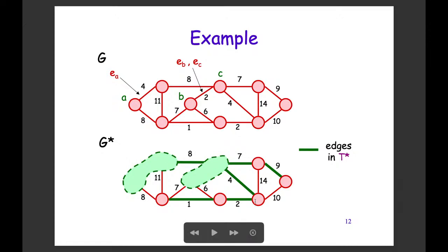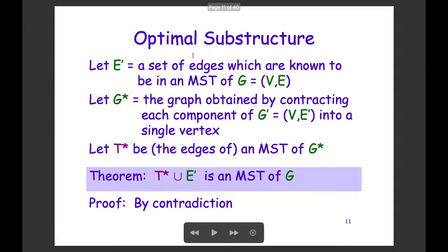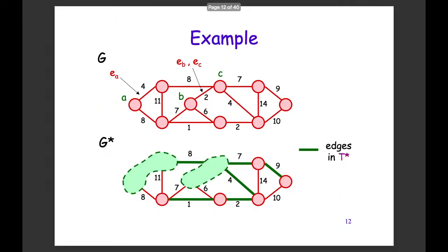So this is another minimum spanning tree problem, and we can solve this problem recursively. This is the so-called optimal substructure property that we have seen in dynamic programming and also the greedy algorithm example. So here we are using greedy. The greedy choice is we pick this edge and we pick this edge.